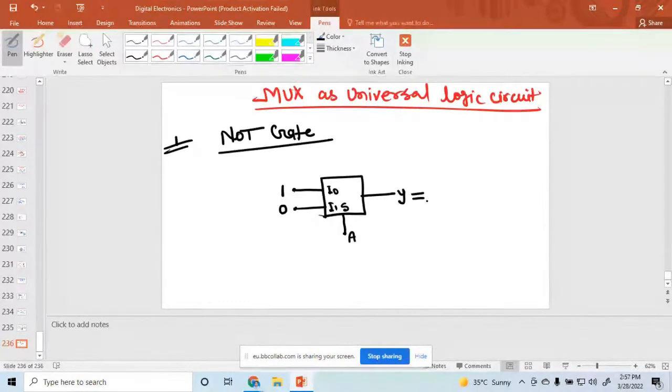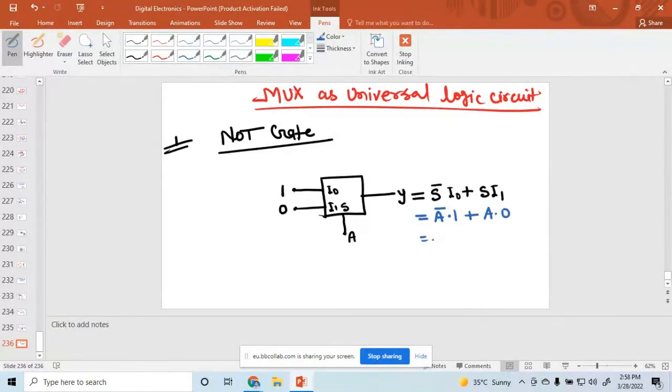Here you have to write down Y equal to S bar I naught plus S into I1. Yes or no? What is the value of S bar? S is denoted by A. So you can write down here A bar, and I naught is equal to 1, into 1, plus S equal to A and I1 is equal to 0.